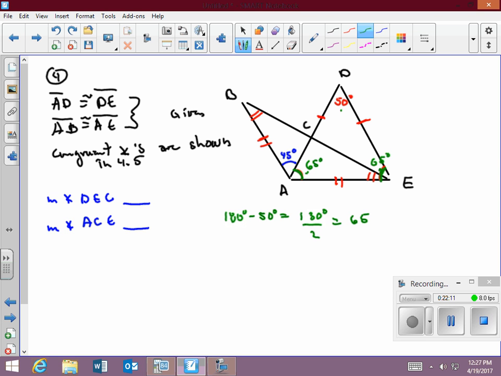Now, you can do the same thing with the two angles here, this angle and this angle. You notice that your vertex angle, this whole angle right here, is 110 degrees, right?